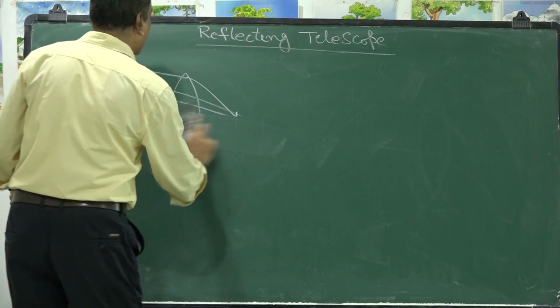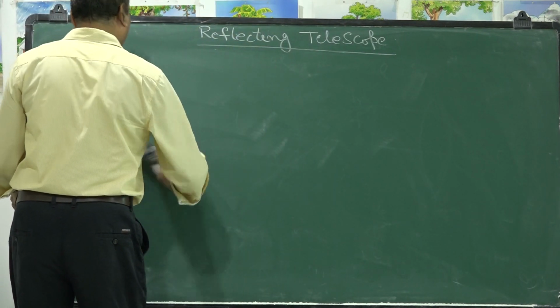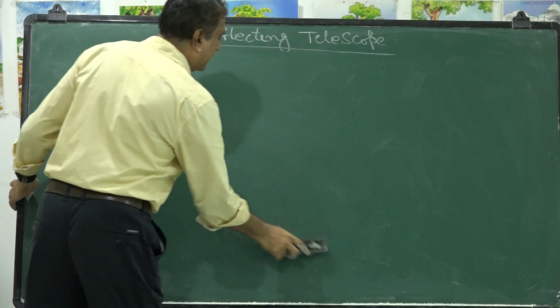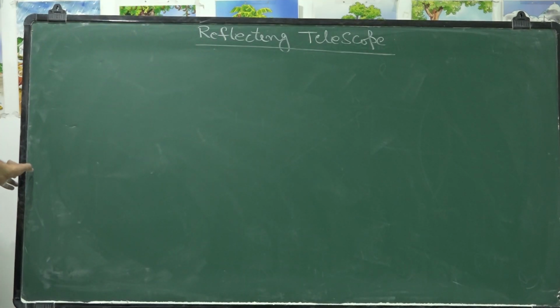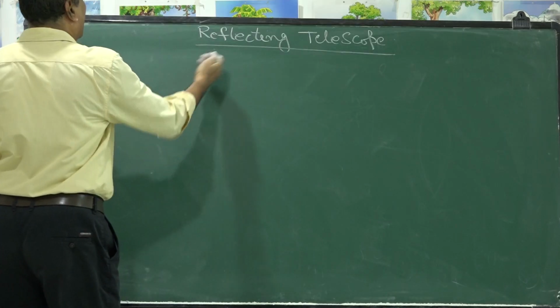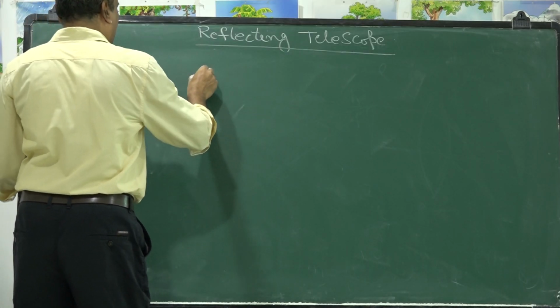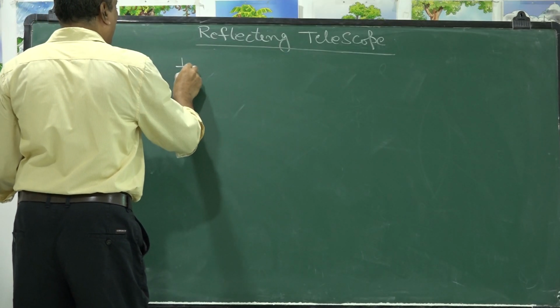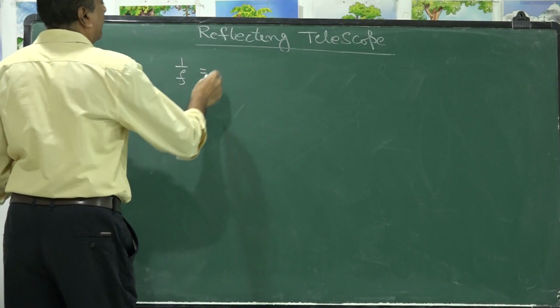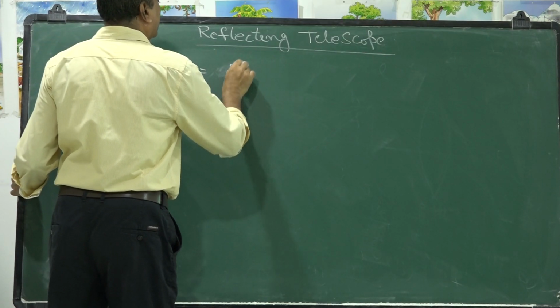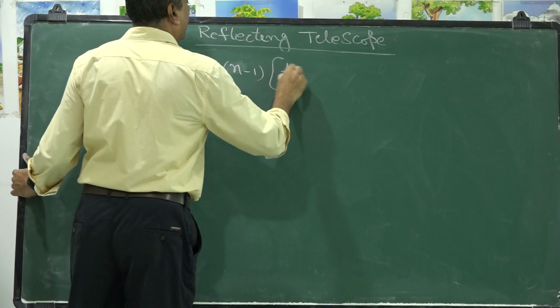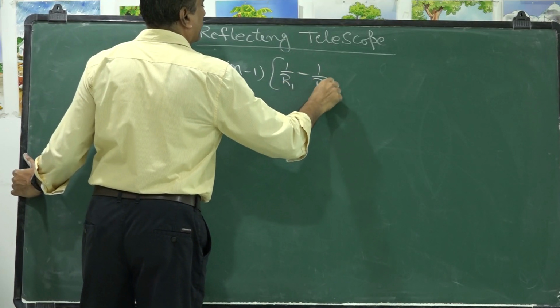Chrome means color. When white light is incident, it splits into 7 colors, and the resulting defect in the image is called chromatic aberration. Now if we consider, we have the lens maker's formula as 1 by f equal to n minus 1 into 1 by r1 minus 1 by r2.